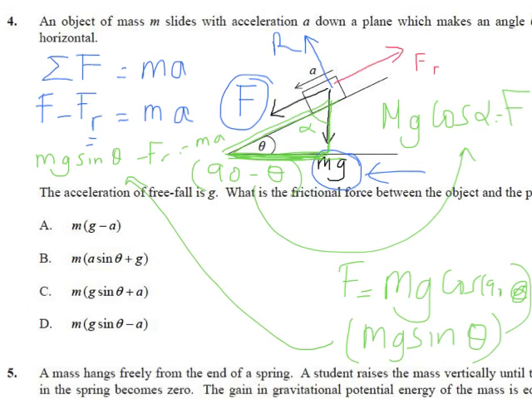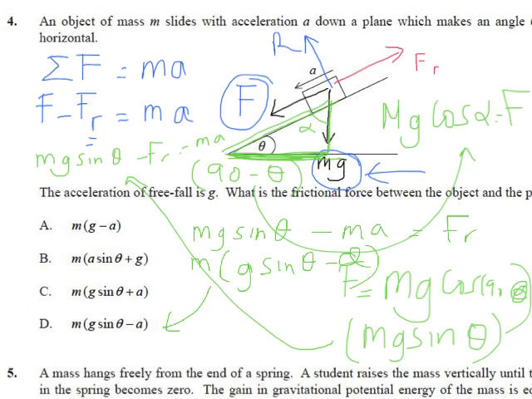By making friction the subject of the equation, we have mg sin of the angle minus ma equals friction. So we just need to take mass out of the brackets, and we have m(g sinθ minus a), which is D.